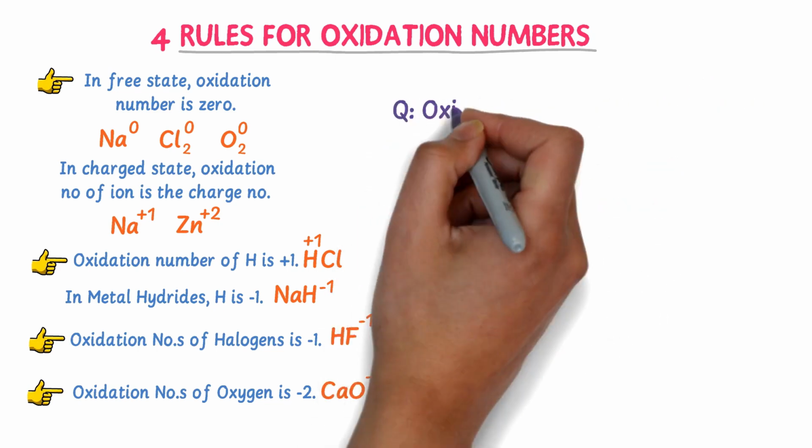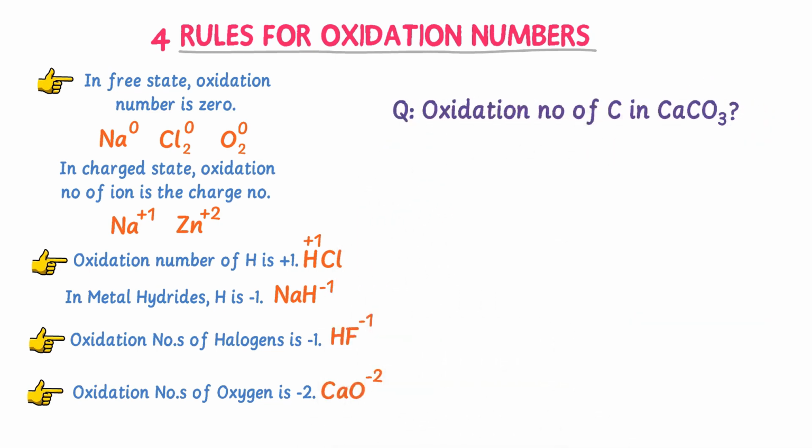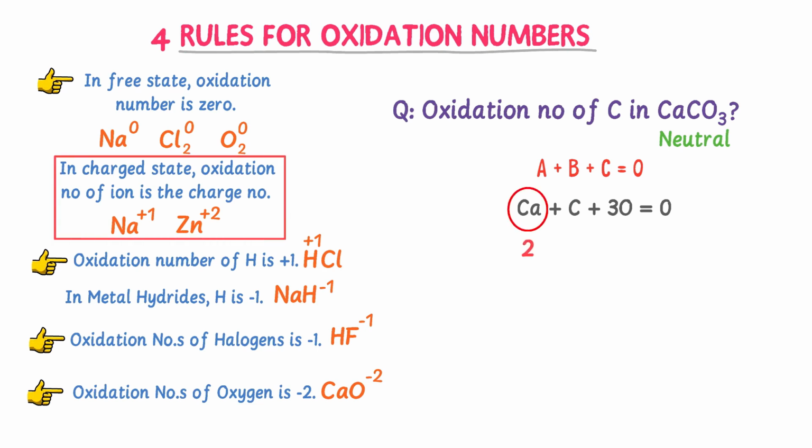Fourthly, find the oxidation number of carbon in calcium carbonate. Well, it is a neutral ionic compound. So the sum of all oxidation numbers must be equal to 0. I write calcium plus carbon plus 3 oxygen is equal to 0. We know that calcium is in second group and it has +2 charge.